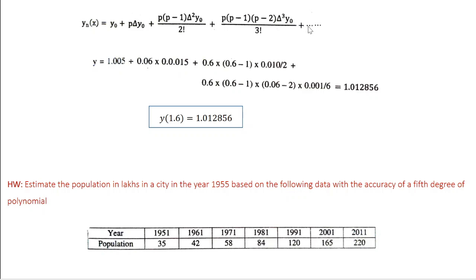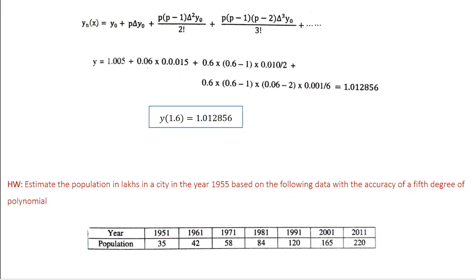So basically you have 2 more extra terms in this equation: P into P minus 1 into P minus 2 into P minus 3 divided by 4 factorial delta to the power 4 y naught, plus P into P minus 1 into P minus 2 into P minus 3 into P minus 4 divided by 5 factorial into delta to the power 5 y naught. Okay, so follow the same procedure, you can find the answer. So that's an assignment for you.